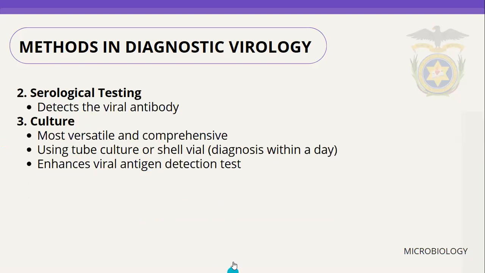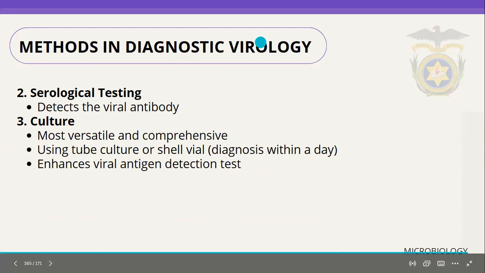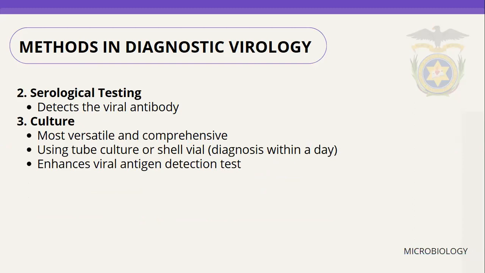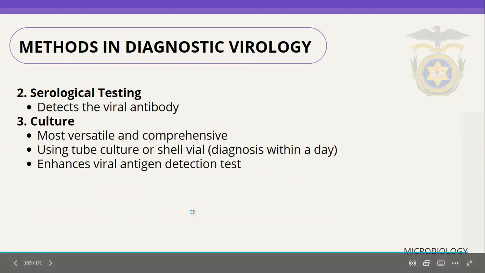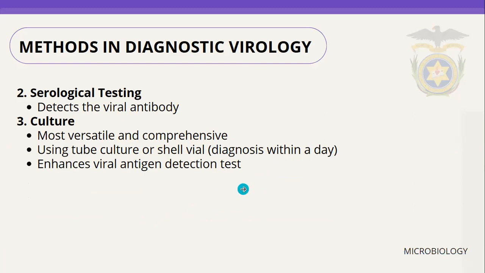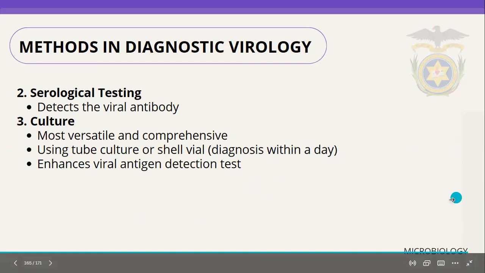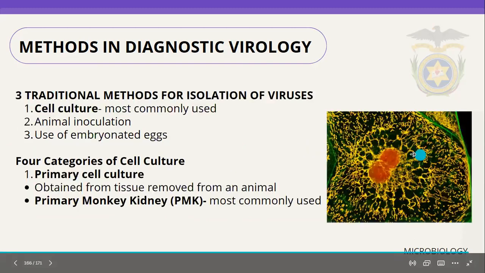And we can also use serological testing that detects the viral antibody, and culture, which is the most versatile and comprehensive. In this culture, we commonly use tube culture or shell vial, and diagnosis is made within a day. And culture also enhances viral antigen detection tests.